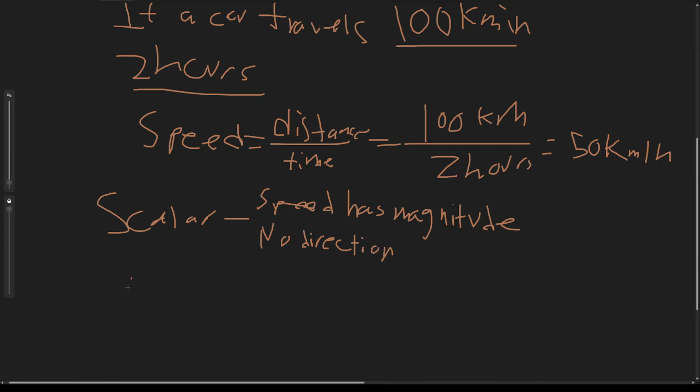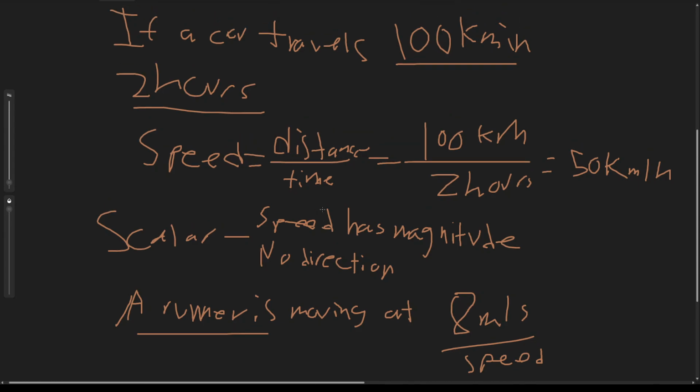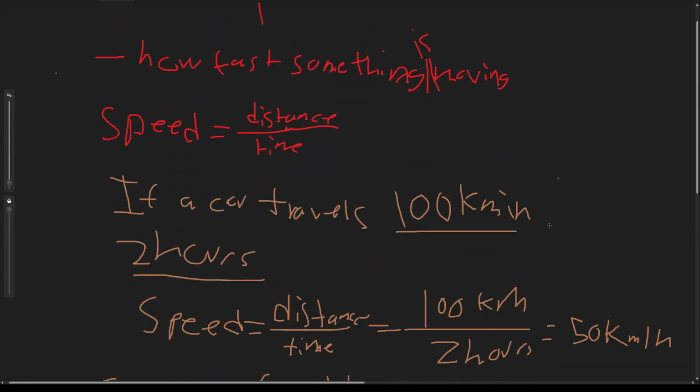Like if I say a runner is moving at 8 meters per second, that's a speed because I'm telling you how fast the runner is moving, but I'm not telling you which way. So that's speed. That's the simplest.